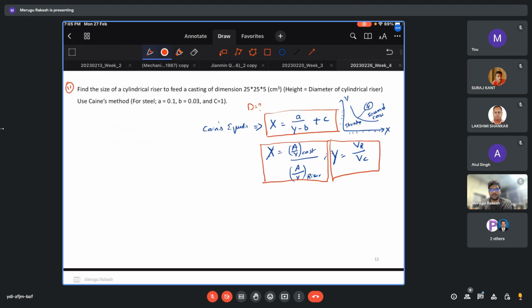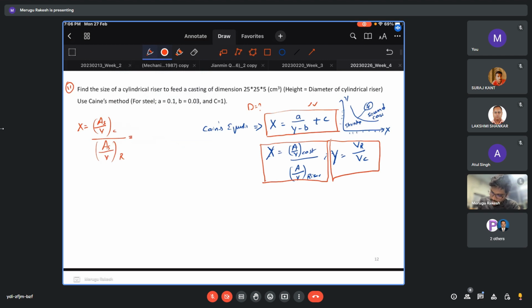Okay, I will start. Basically, we need to calculate the freezing ratio initially. Since this is the formula for Caine's equation, the freezing ratio X is the surface area of the casting divided by the surface area of the riser.